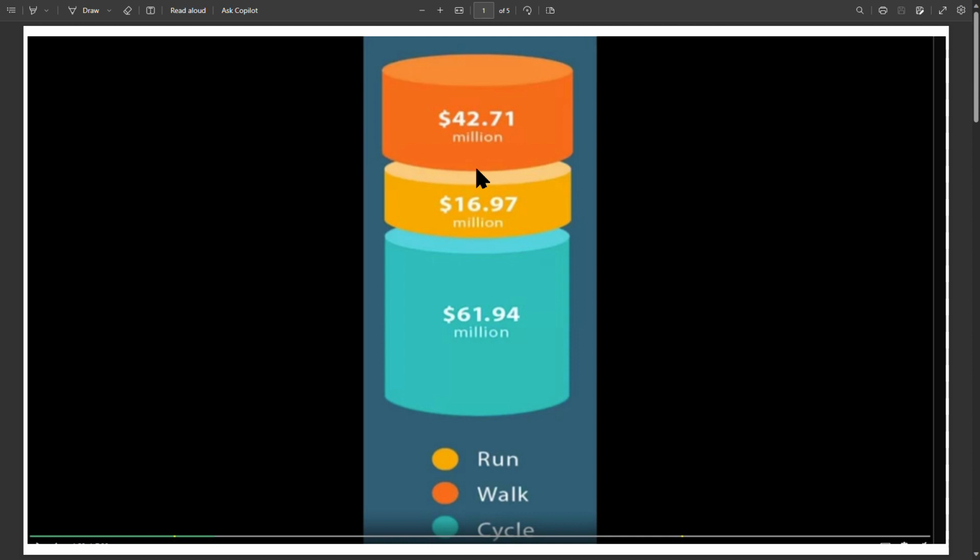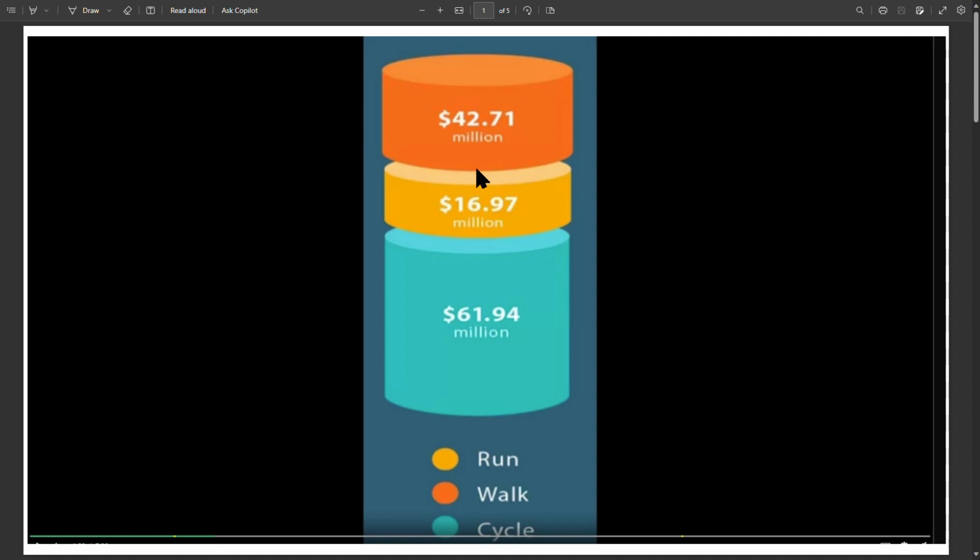Is it trying to say that cycling even per event earns more money than walking and running? Or is it saying that in total the cycling earns more money than walking and running? We don't know what it's trying to say. We don't have the information here. Therefore, this data lacks some context.